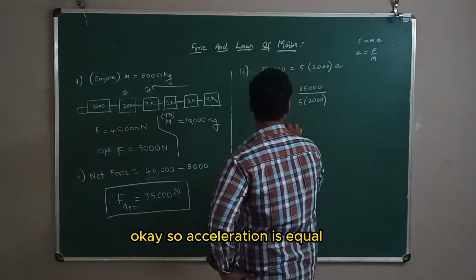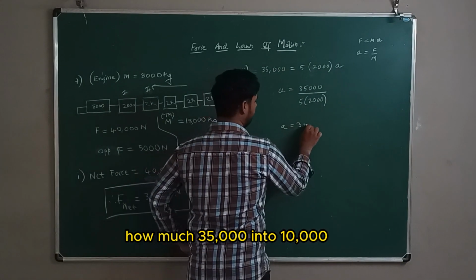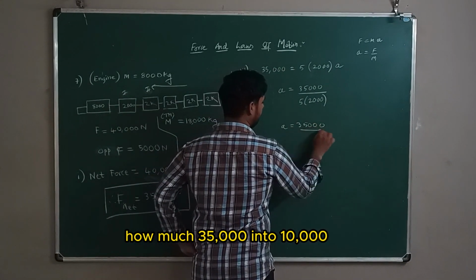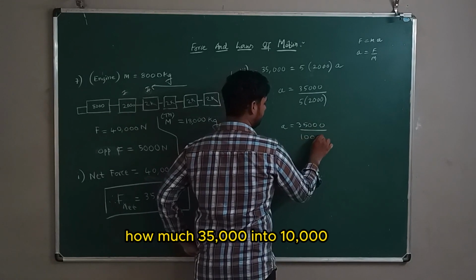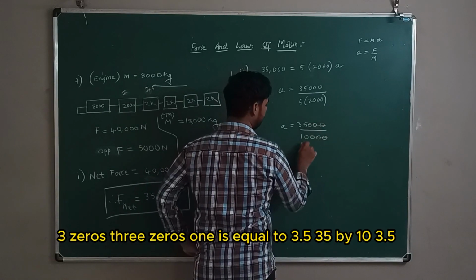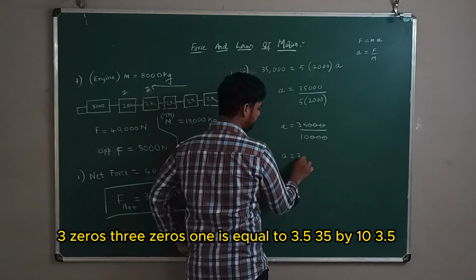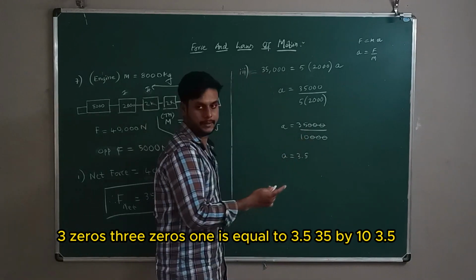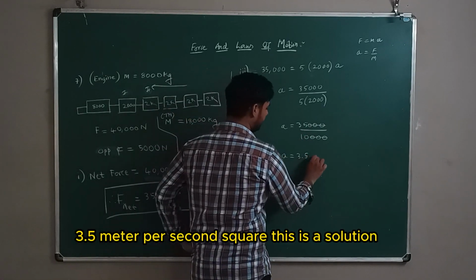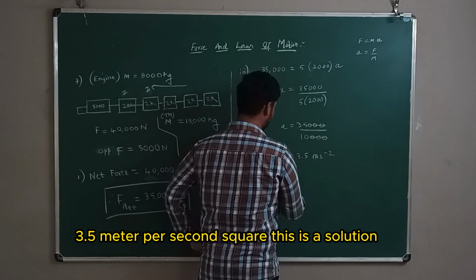So acceleration is equal to 35,000 by 10,000. Three zeros cancel. A is equal to 3.5. 35 by 10, 3.5 meter per second square. This is the acceleration.